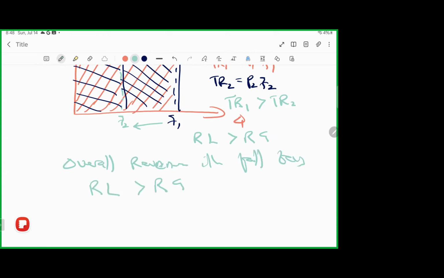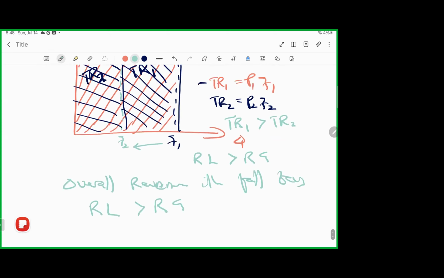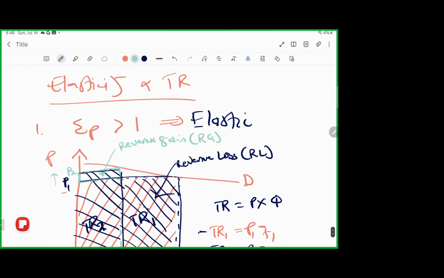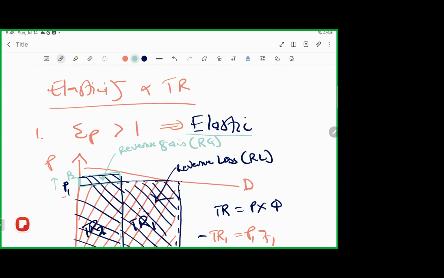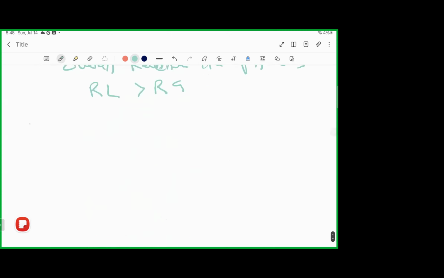That is if and only if the demand for your product is elastic. So before you increase your price as a seller, you should know the type of elasticity your product is. If it is elastic, the effect reduces.